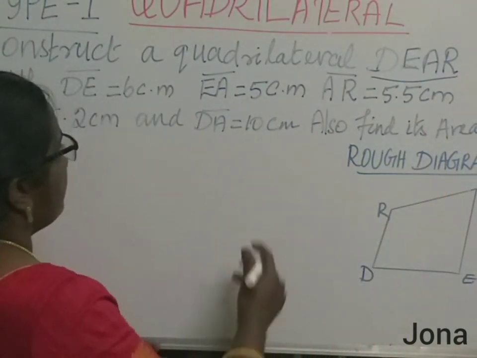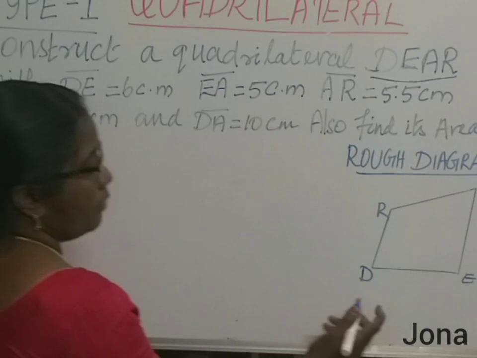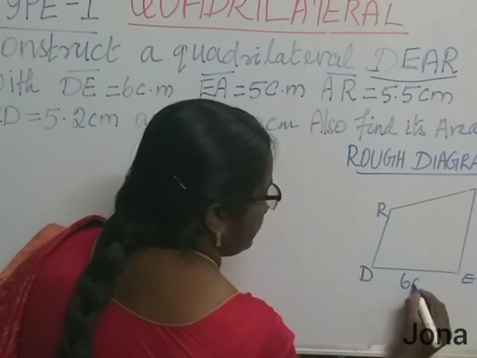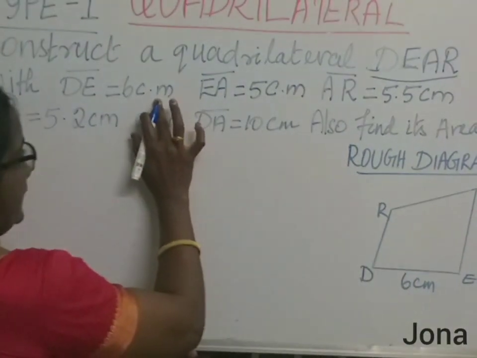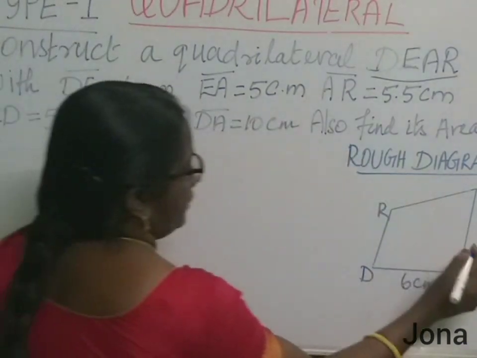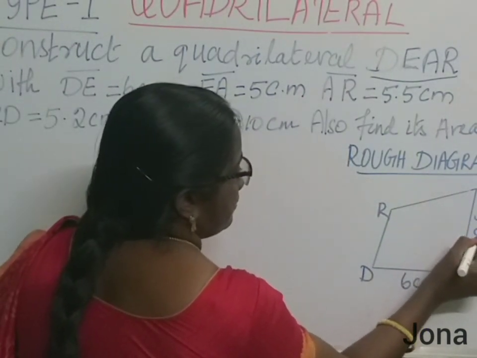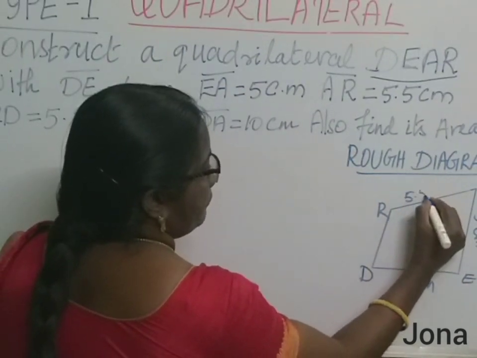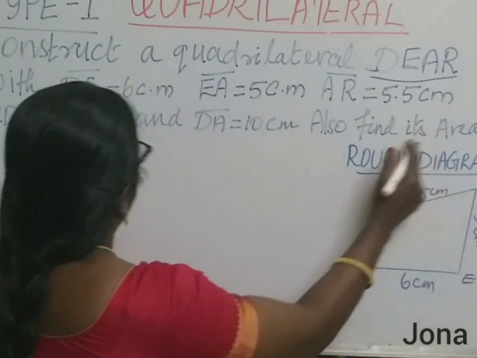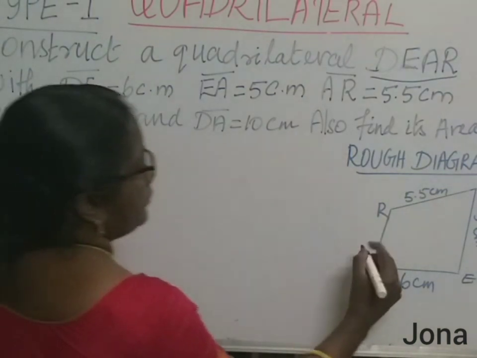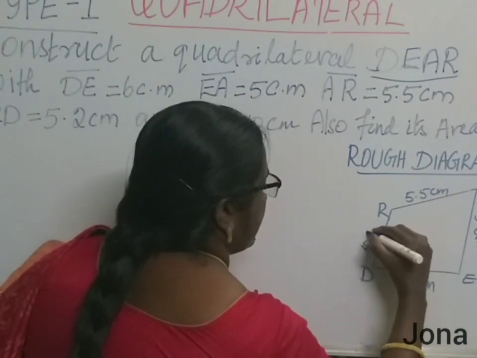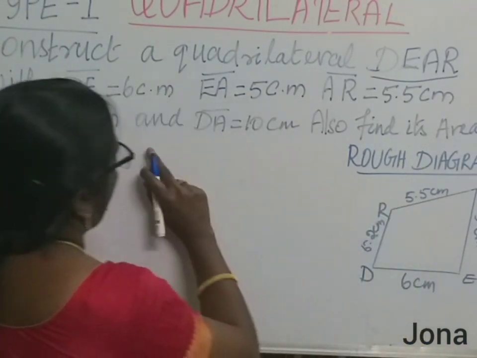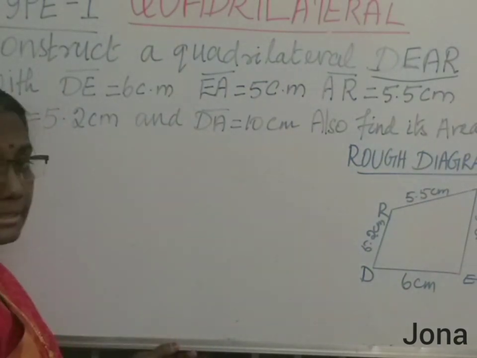So we want to write all the measurements. What are the things given here? DE 6 cm, EA 5 cm, and AR is 5.5 cm and then RD 5.2 cm, and one more thing, DA is 10 cm.